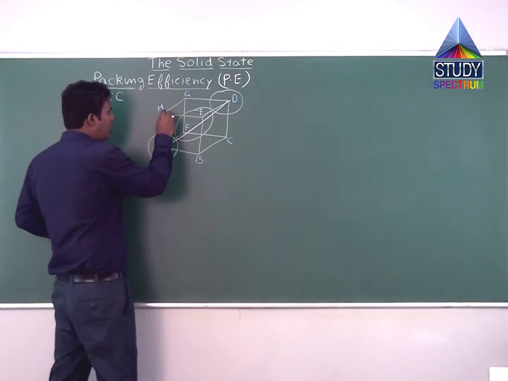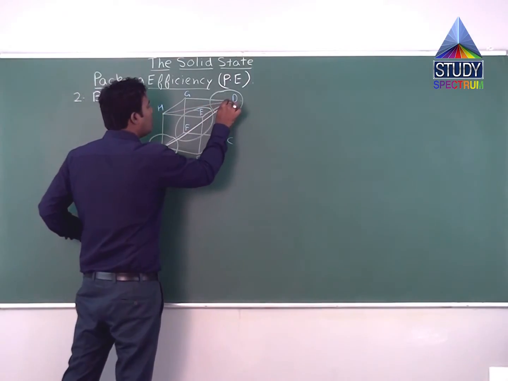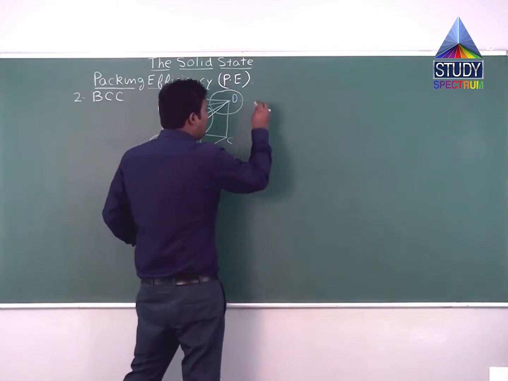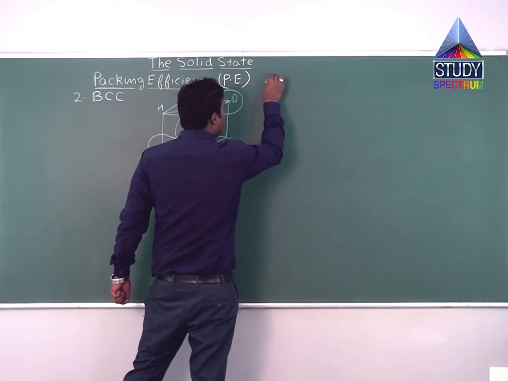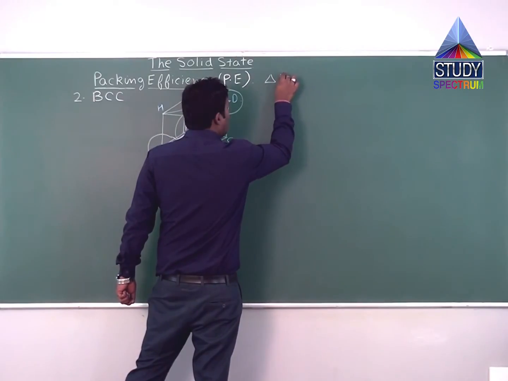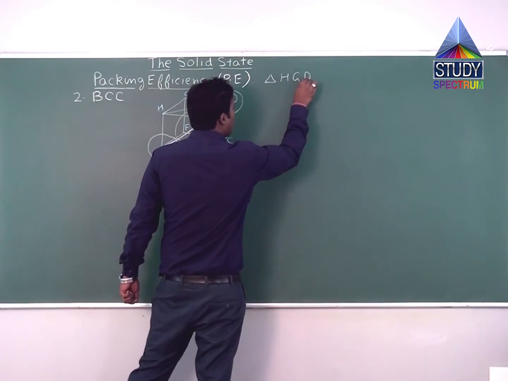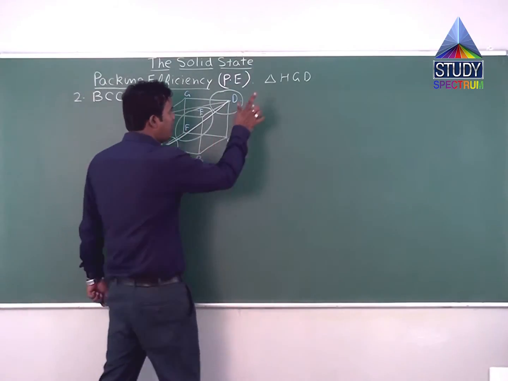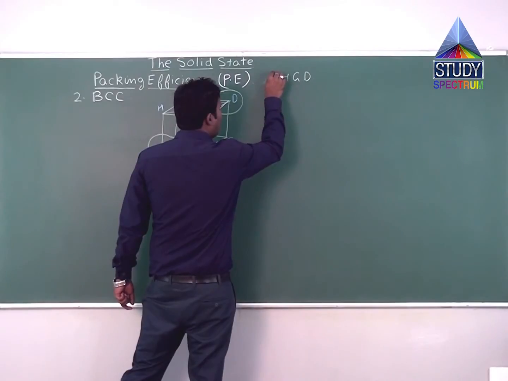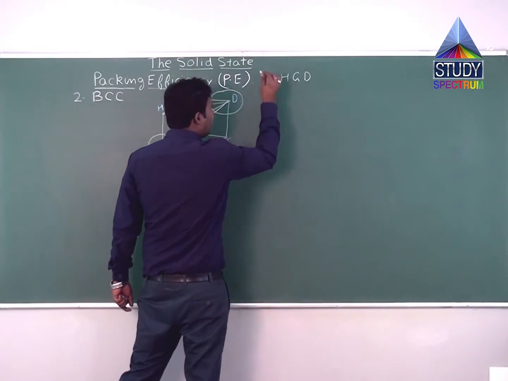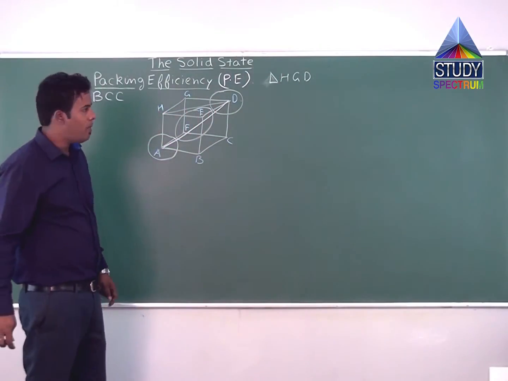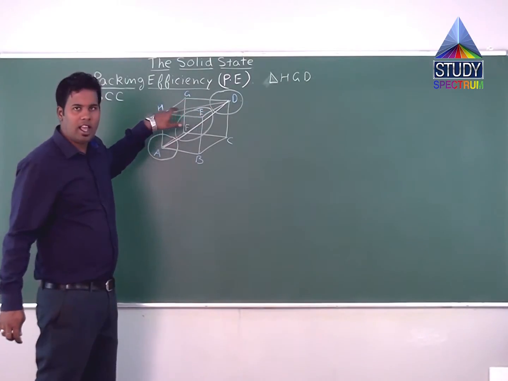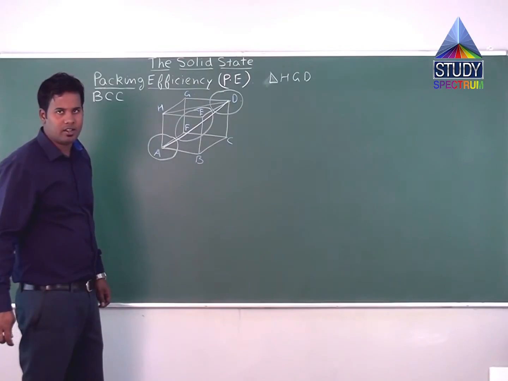So if I consider the triangle HGD, basically a right angle triangle HGD, the angle HGD is 90 degrees.